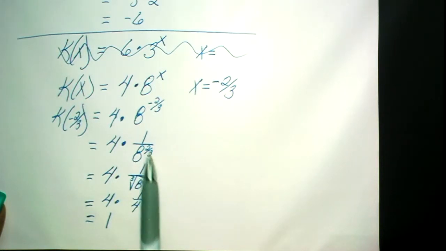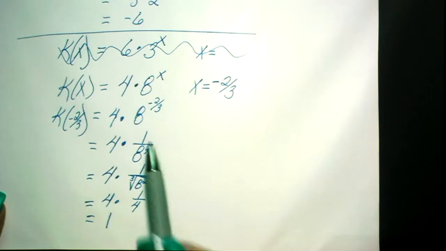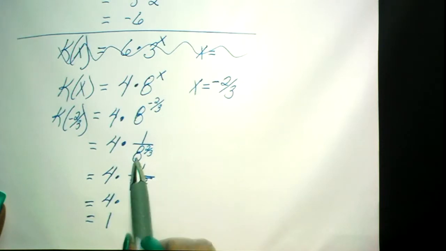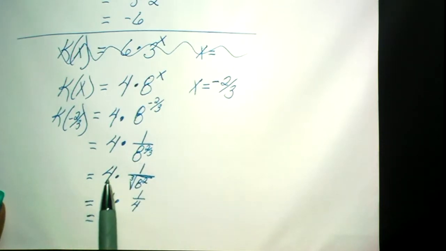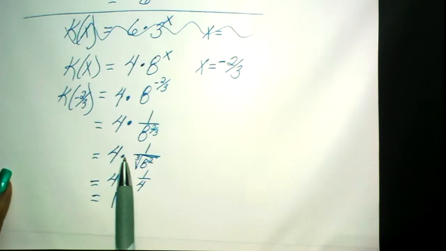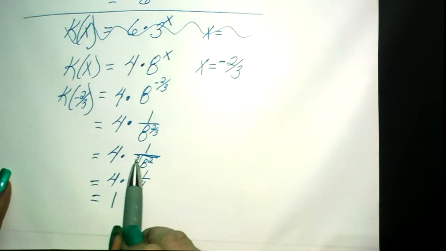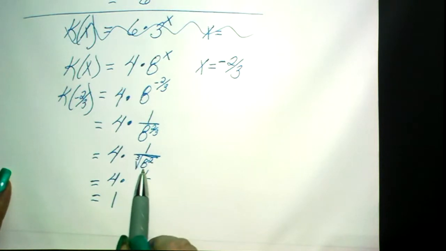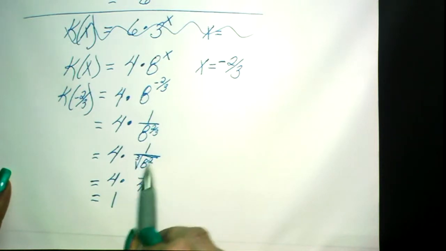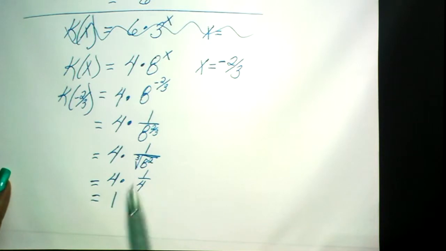But since it is a fraction, we are also taking a root of 8. So it becomes 4 times 1 over, the 3 is on bottom, so we are taking the cube root of 8. There's a 2 on top, so it's 8 to the second power. And when you actually calculate that out, that whole thing becomes 4. So this is actually 4 times 1 over 4, which gives us 1.